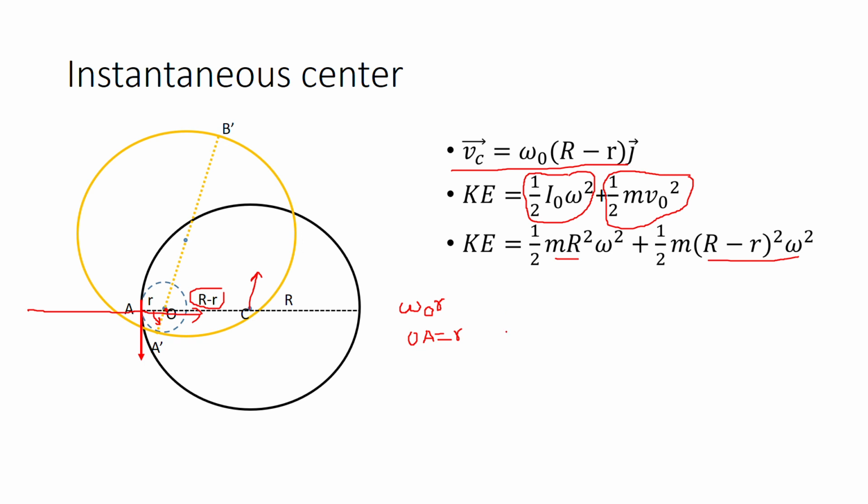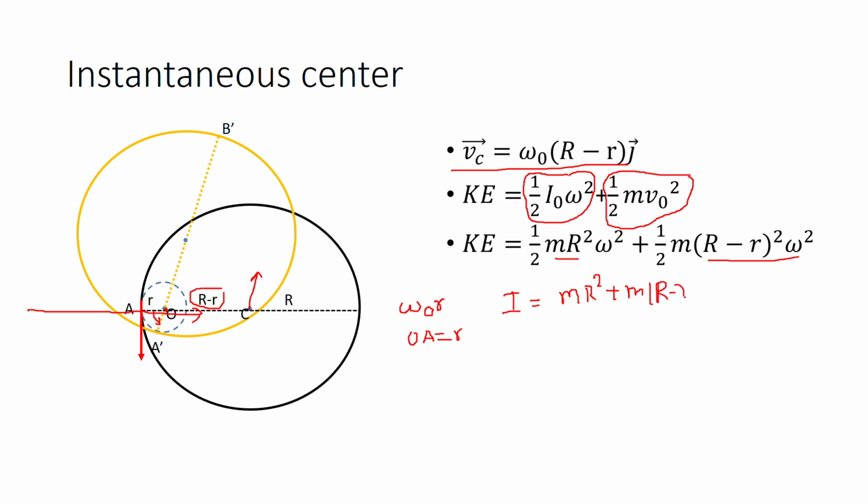The third method is, since the instantaneous center is known, we can calculate the moment of inertia using the parallel axis theorem. I equals the moment of inertia about its center of mass, that is m r square, plus, using the parallel axis theorem, m d square, here d is the distance R minus r, that is m (R minus r) whole square.